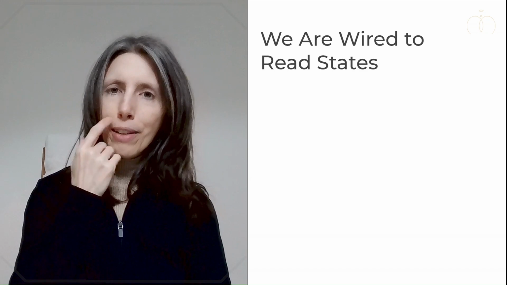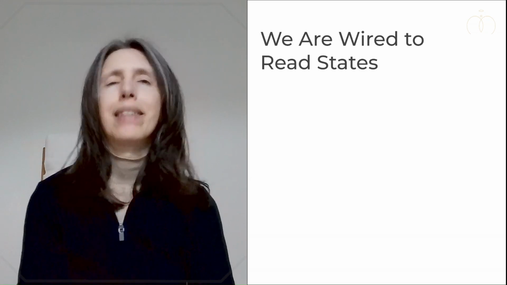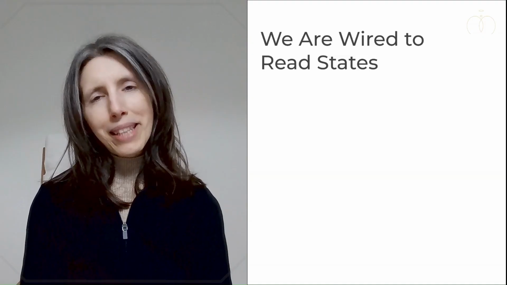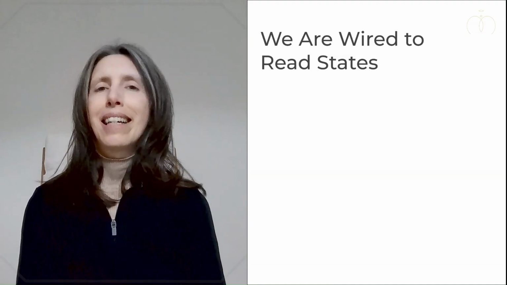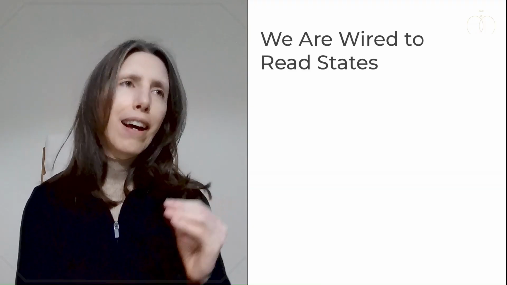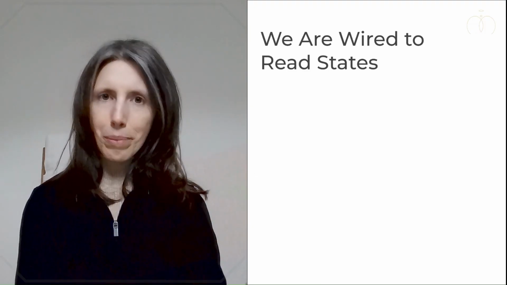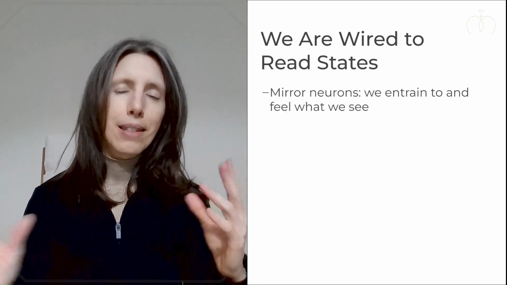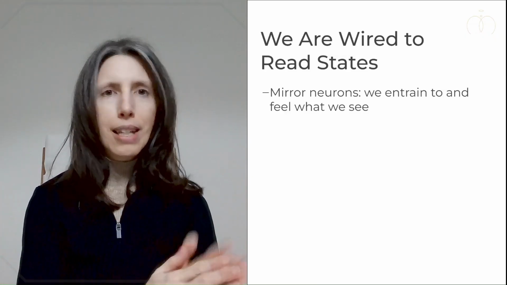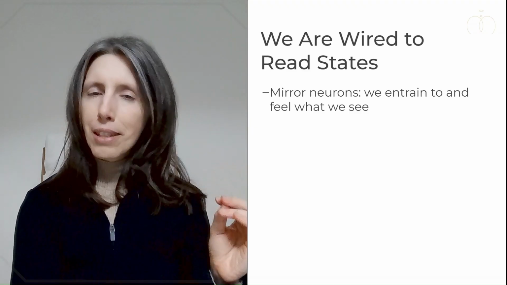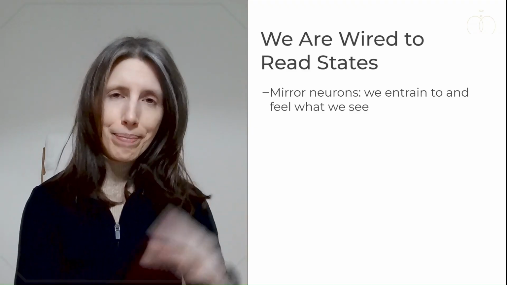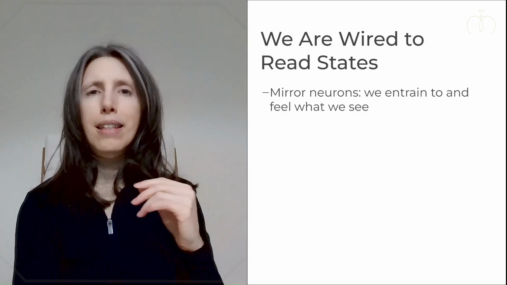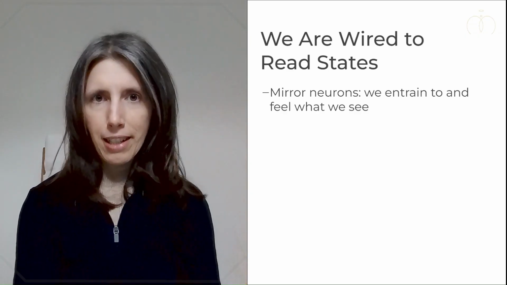And now, particularly from a human perspective, how can we understand these types of resonances? Well, we know from our science that we are wired to read states. Our mirror neurons are the biological basis for empathy, which make us entrain and feel the states that we observe in others.